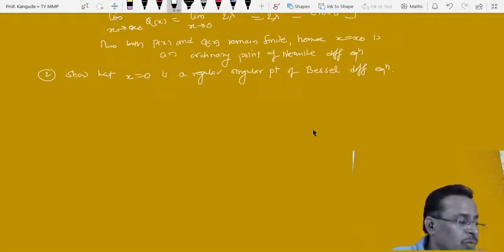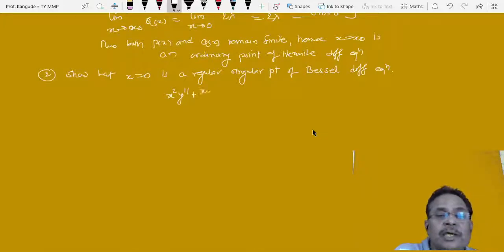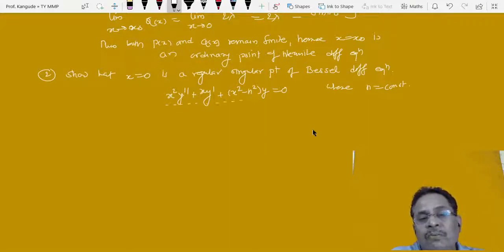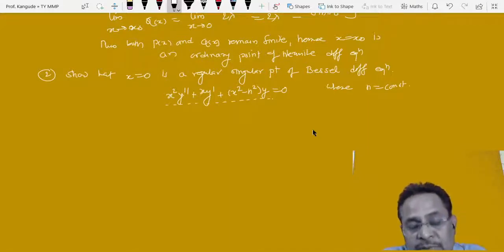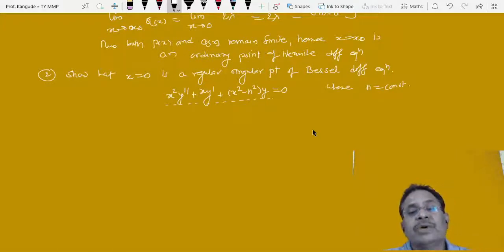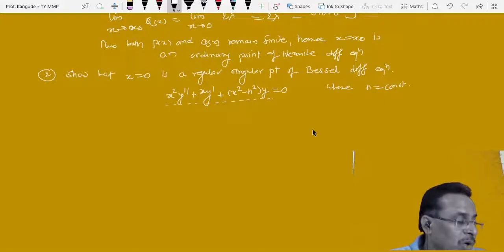For that we must know the form of the Bessel differential equation, which is given by x square y double dash plus x into y dash plus x square minus n square into y is equal to 0, where this n is constant. Okay, so this is the standard form of Bessel differential equation. First we have seen Hermite differential equation, second is the Bessel differential equation, x square y double dash plus xy dash plus in the bracket x square minus n square into y is equal to 0.